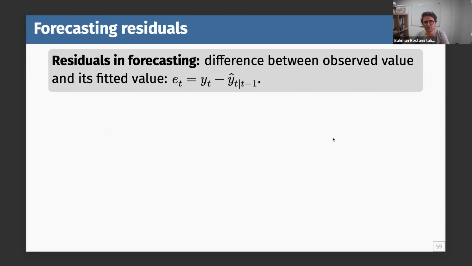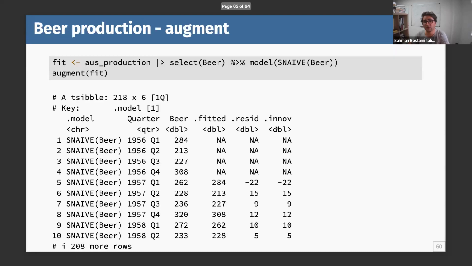We also have residuals. The residuals are the difference between the fitted values and the actuals. You can extract them using a function called augment. Again, this is our model table, or mable, so I can pass it using the pipe operator to augment as well.